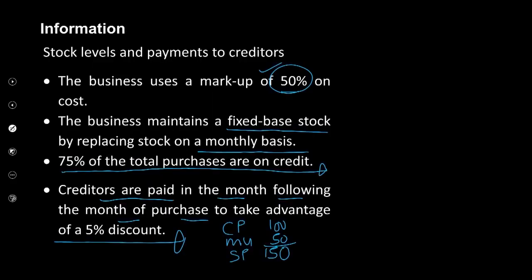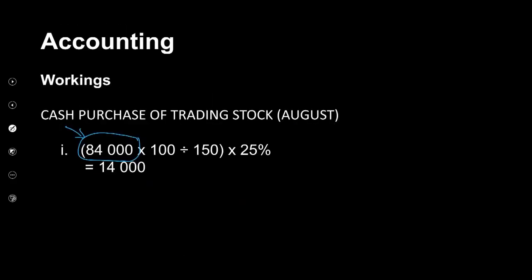What do you do with that sales figure? You say 84,000 Rand, determine the cost of sale. How do we do that? Let's do the calculation together so you can see it. Once again, cost price, markup, selling: your cost is 100, your markup is 50, your selling is therefore 150.